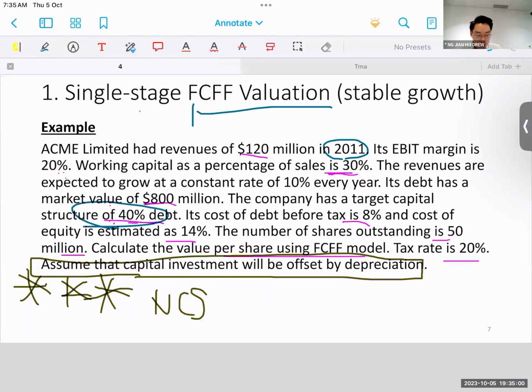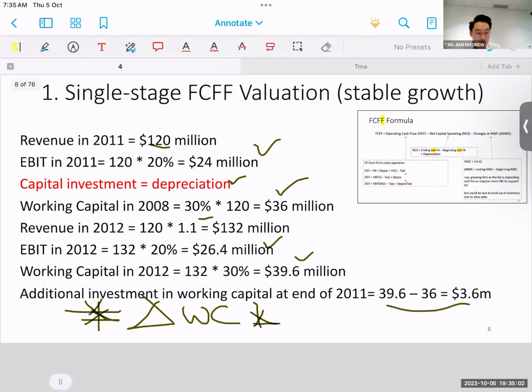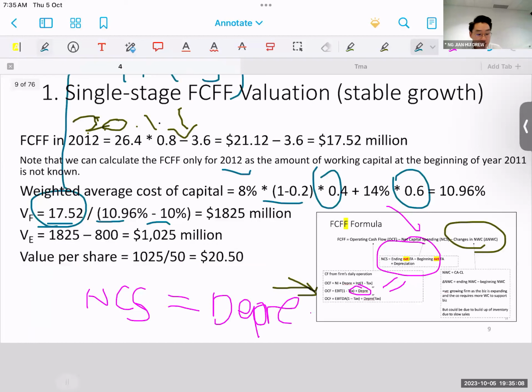Because can you see we are working out the working capital requirements for 2012, and then the FCFF is 2012, right? We are not able to calculate the FCFF of 2011 because we're not given the working capital requirement for the prior year before 2011. Everyone got that? So we are actually calculating the FCFF of 2012.